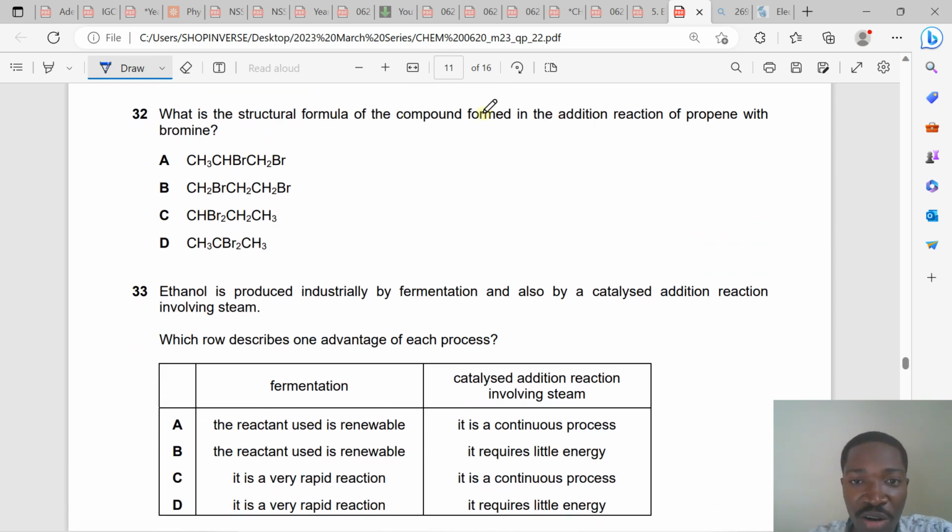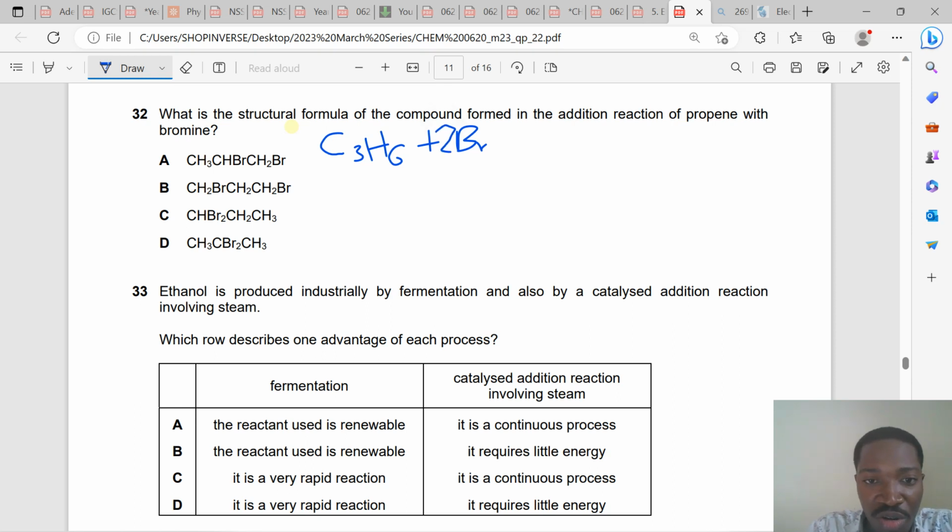Number 32. What is the structural formula of the compound formed in the addition reaction of propene with bromine? Propene is C3H6. Then plus bromine. Because there's a double bond, there should be 2 bromine here.